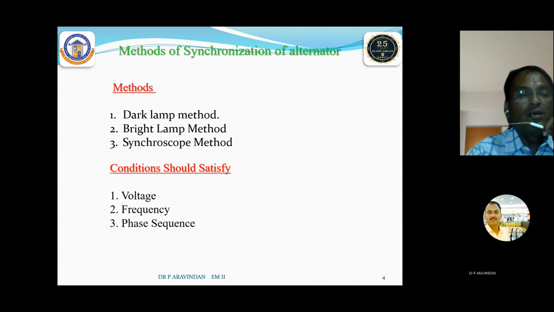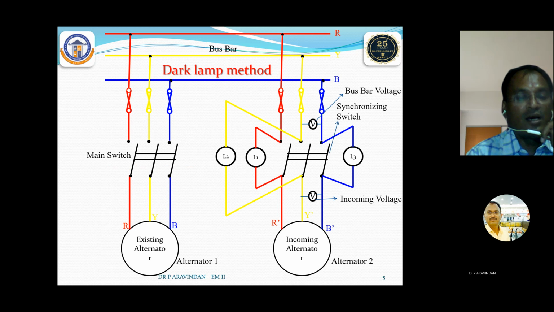Each method should satisfy the three important conditions: voltage, frequency, and phase sequence. The first method is called the dark lamp method. In the dark lamp method, the voltages of the two alternators are measured with the help of a voltmeter. The lamps are connected in such a way that the polarity and the frequency of the two machines can be checked.